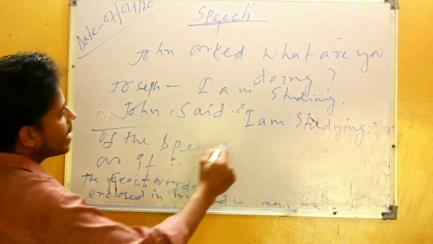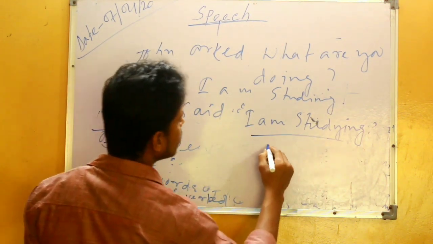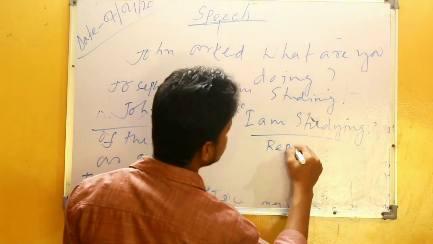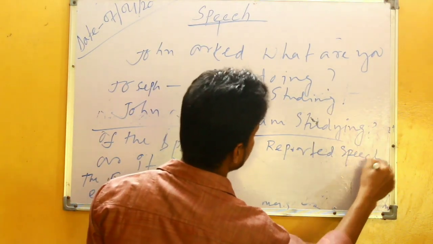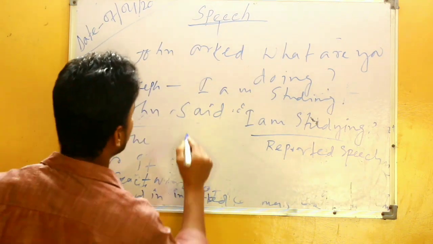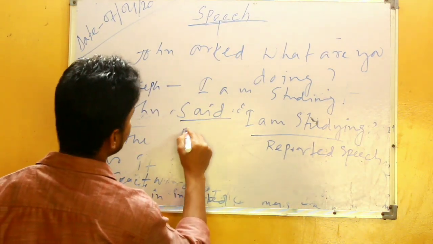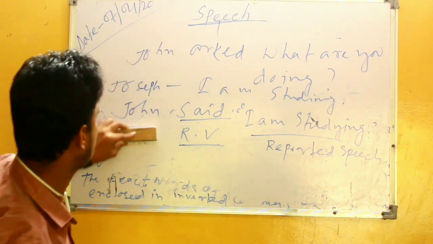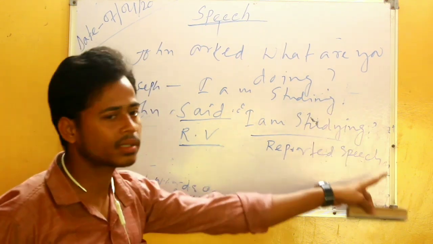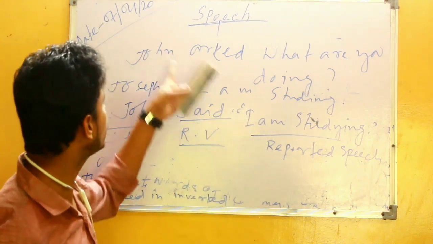Look here, "I am studying" is the reported speech, and the verb said is the reporting verb. These are the actual words of Joseph.